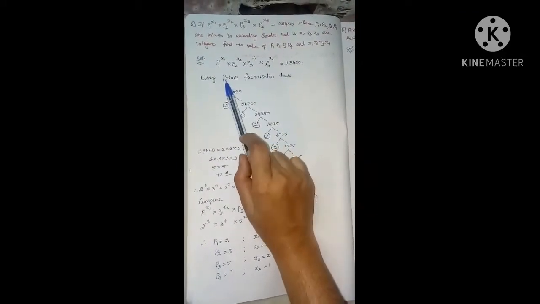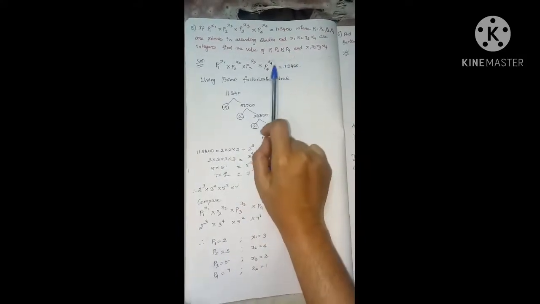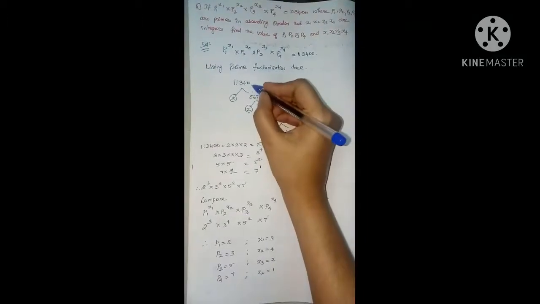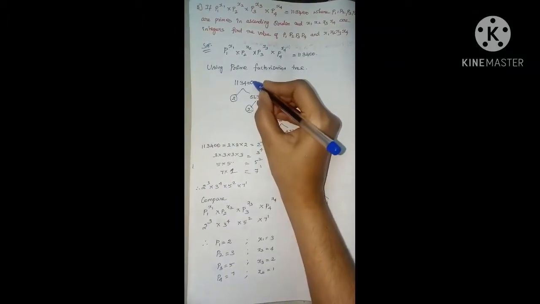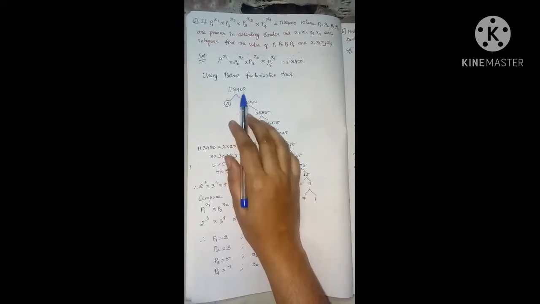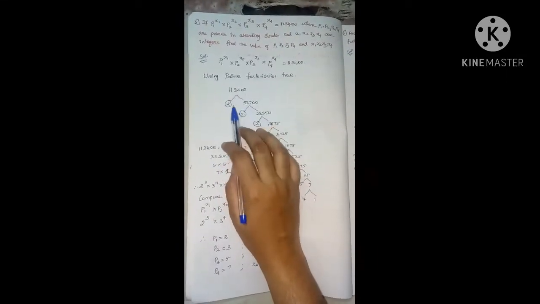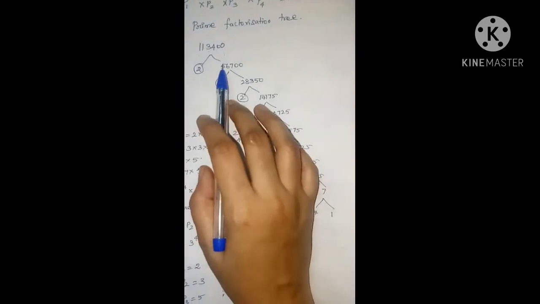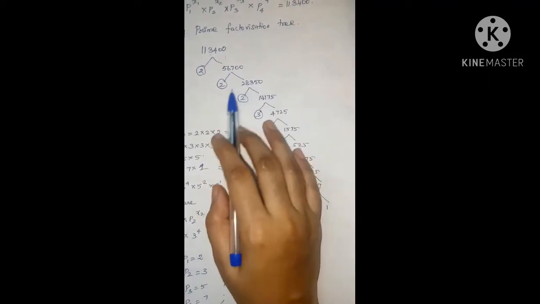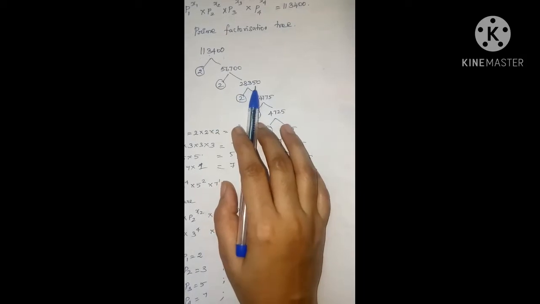Let me do it by the prime factorization tree method. So write this. 113400 can be simplified as 2 into 56,700. We can simplify this as 2 into 28,350.